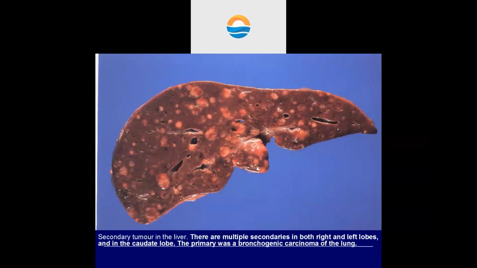Secondary tumor in the liver. There are multiple secondaries in both right and left lobes and in the caudate lobe. The primary tumor was bronchogenic carcinoma of the lung.